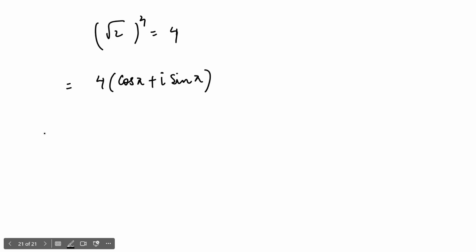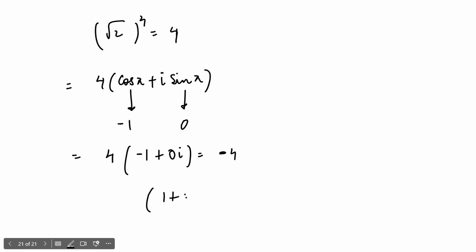Now we know that the value of cos pi is -1 and the value of sin pi is 0. So we just substitute the values. Our answer will be 4 times (-1 plus 0i), which equals -4. So the value of (1 plus i) raised to the power 4 is -4, which is our final answer.